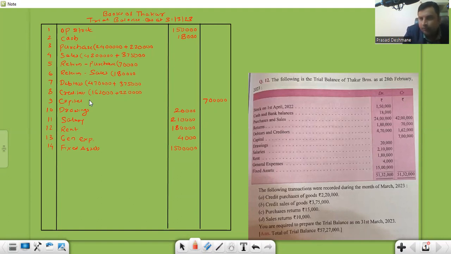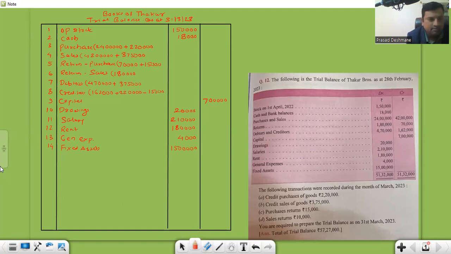Next, after that, we have a purchase return. What does purchase return mean? We are returning goods to our supplier. Our supplier means who? Creditors, right? So we'll deduct from the creditors, 15,000. And we'll add to purchase return, 15,000. Correct?